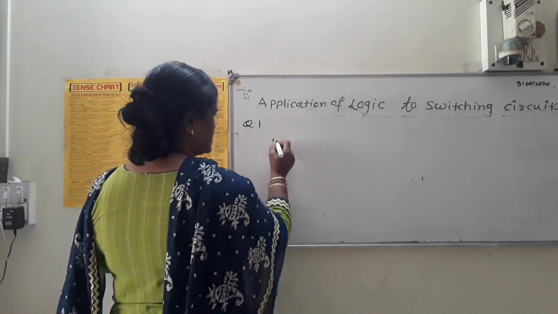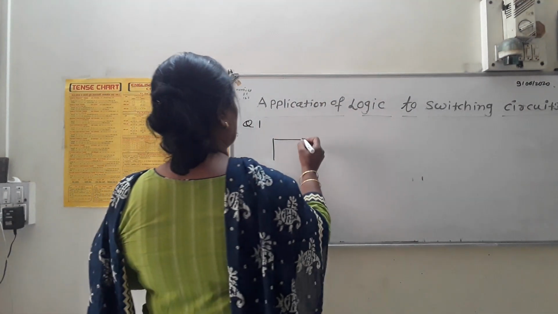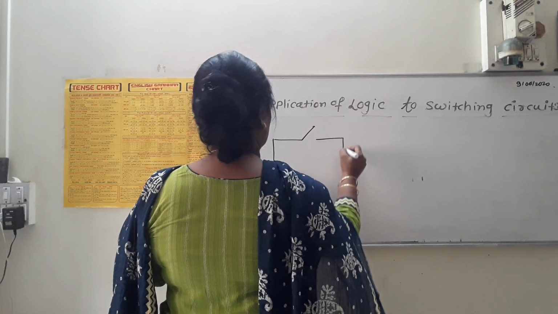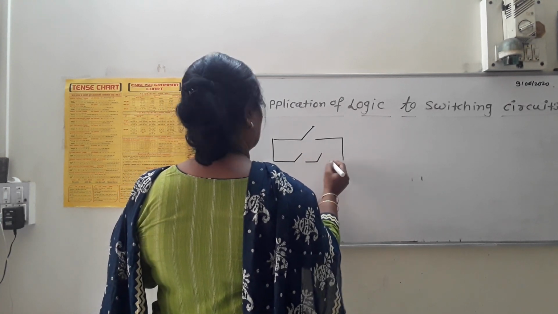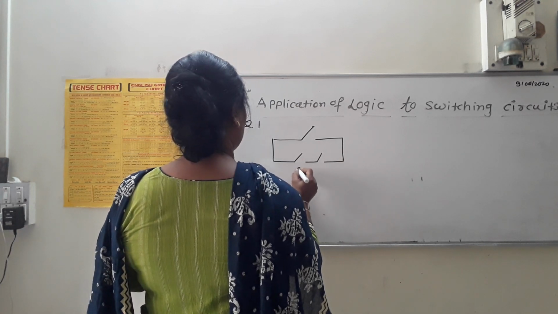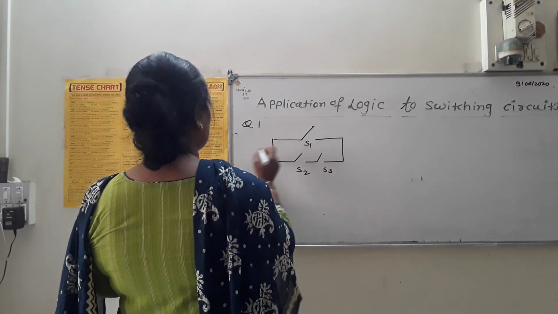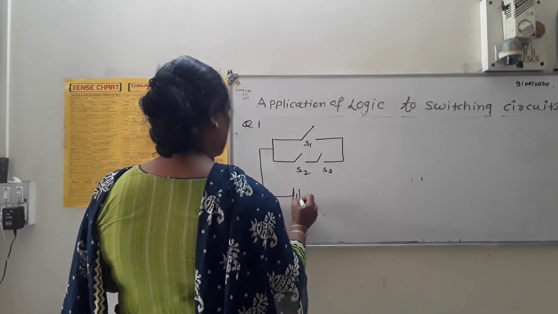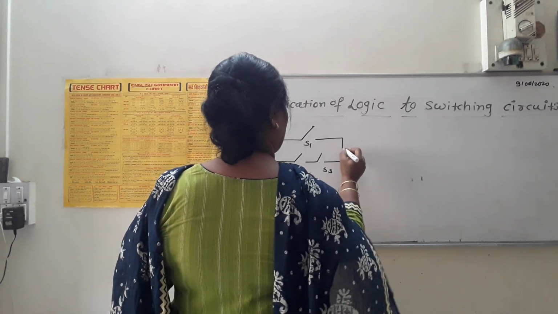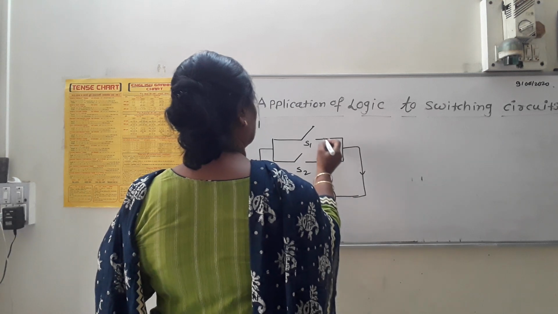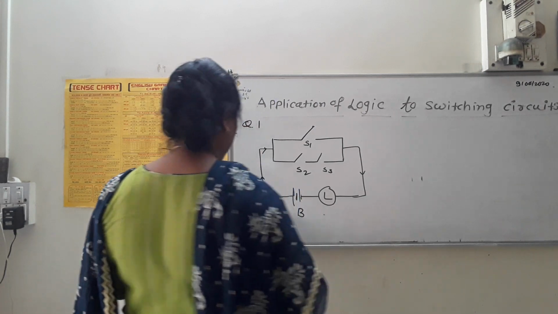So draw the circuit. Here is the battery and here is the lamp. Okay.